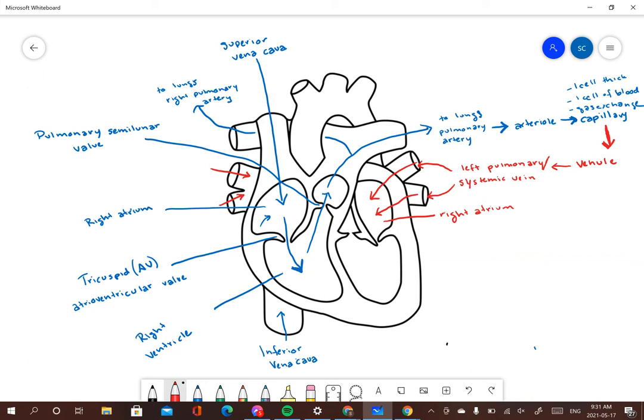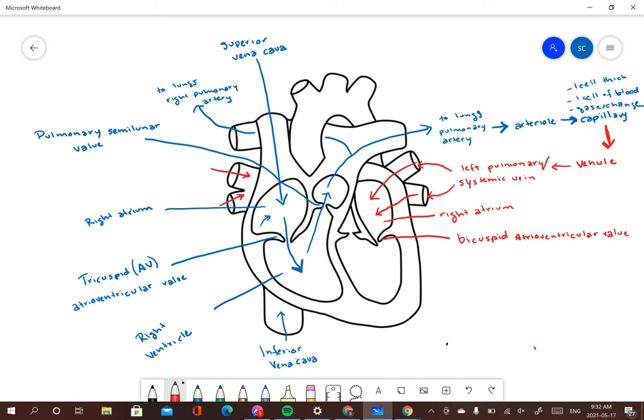Okay, same deal as on the left side. So that blood is going to be held in place by your bicuspid atrioventricular valve.